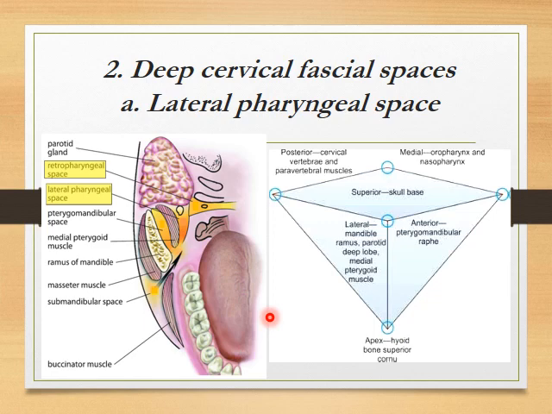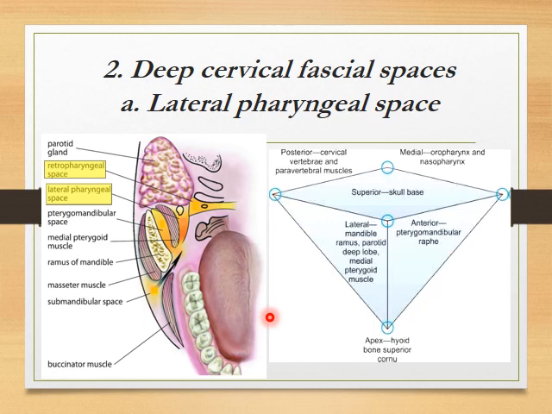The styloid process and the associated muscles and fascia divide the lateral pharyngeal space into an anterior compartment, which contains primarily loose connective tissue, and a posterior compartment, which contains the carotid sheath and the cranial nerves: the glossopharyngeal, the vagus, and the hypoglossal.